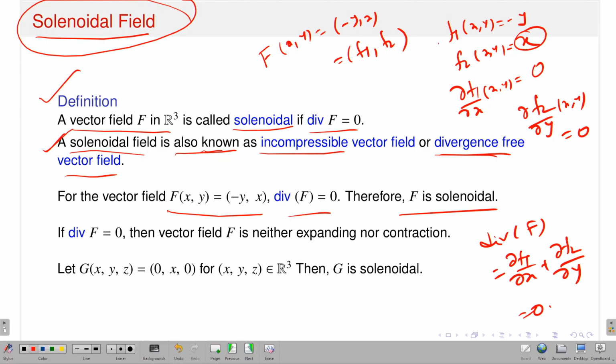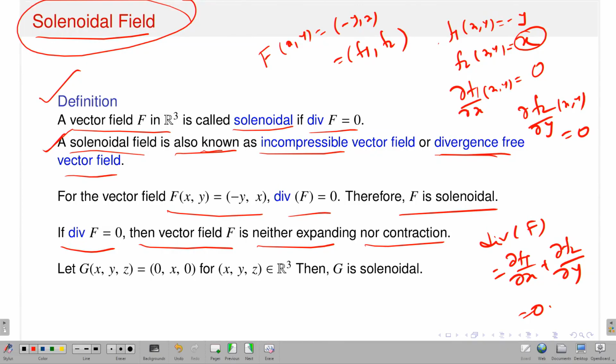So, if I have a vector field and you calculate the divergence, and the divergence is 0, that means I can say that this vector field is a divergence free vector field, or incompressible vector field, or solenoidal vector field. I have written the note: if the divergence of capital F is 0, then the vector field capital F is neither expanding nor contracting.